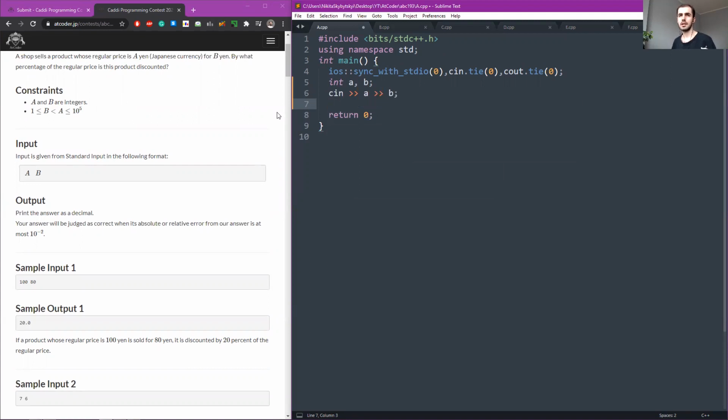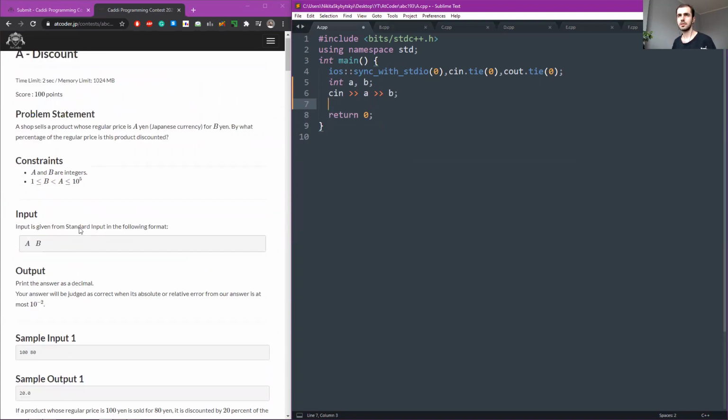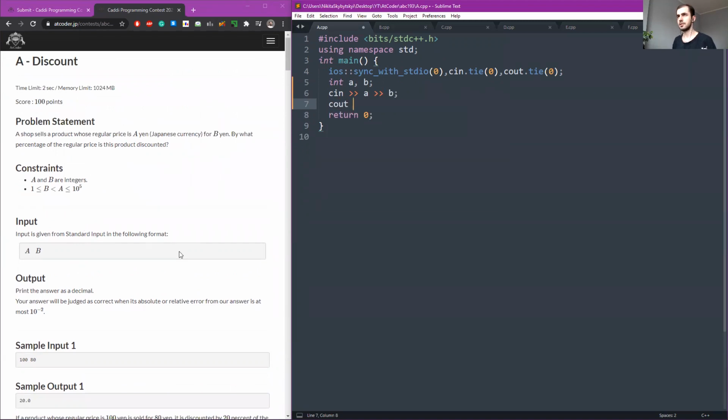And what do we want to output? We want to print the percent that it is discounted. So I'm guessing A minus B over A. But then I want it to be floating numbers, with high enough precision.